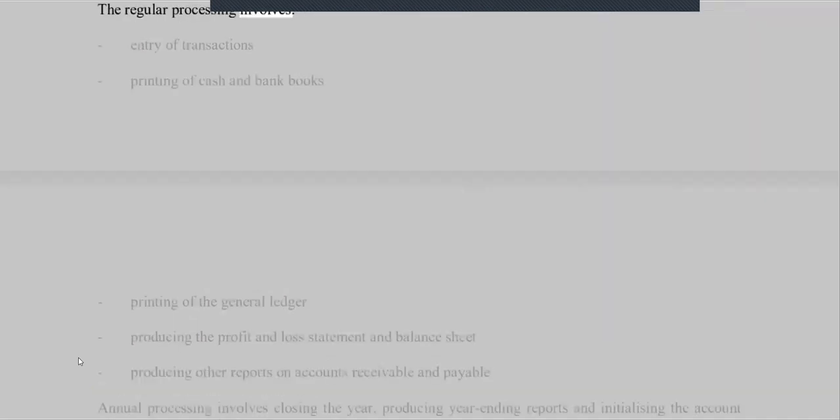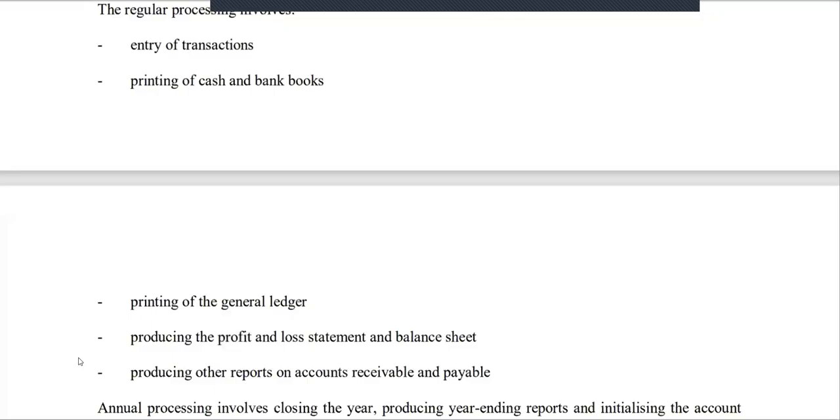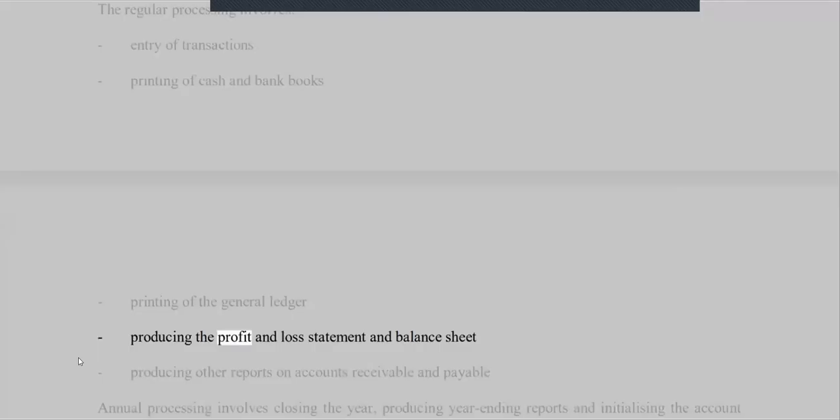The regular processing involves entry of transactions, printing of cash and bank books, printing of the general ledger, producing the profit and loss statement and balance sheet, and producing other reports on accounts receivable and payable.